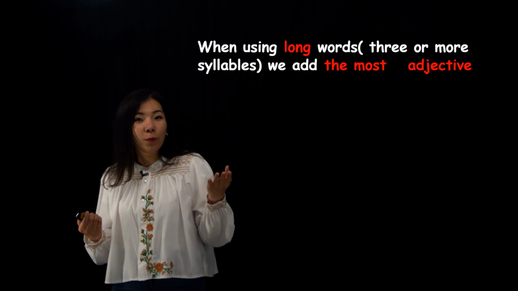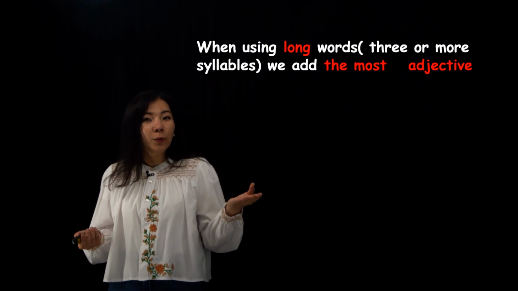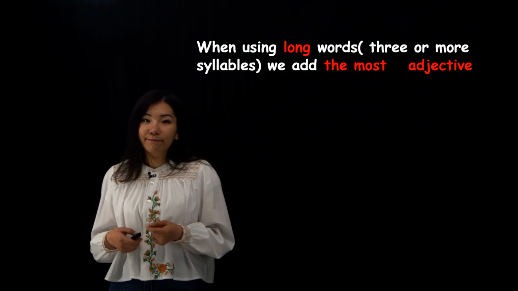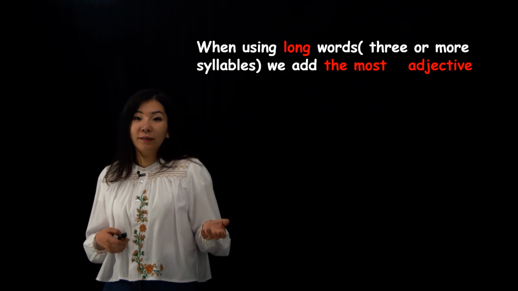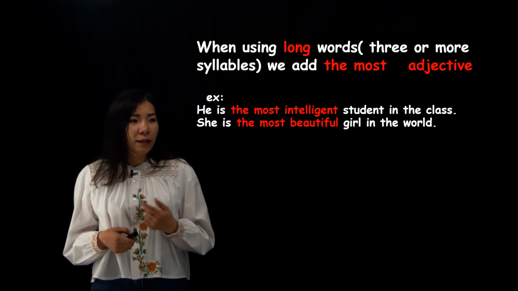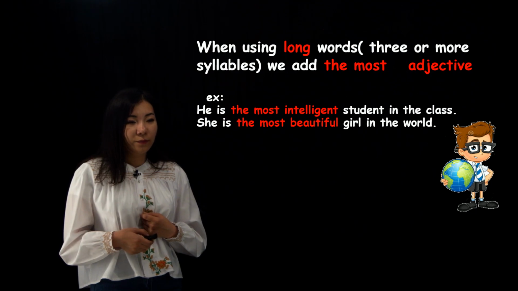And when using long words with 3 or more syllables, we add the words the most, then the adjective follows. For instance, he is the most intelligent student in the class.